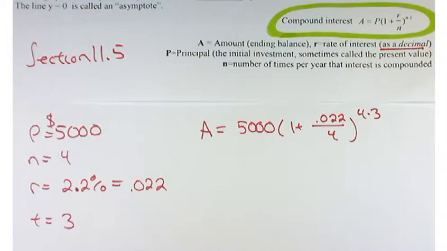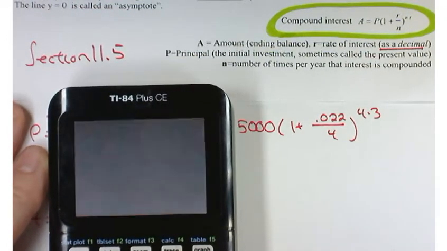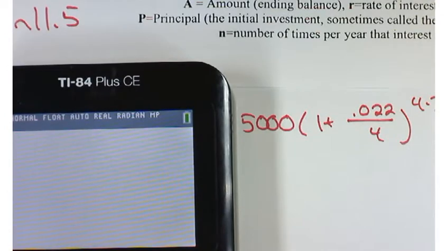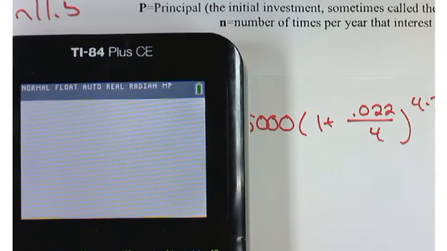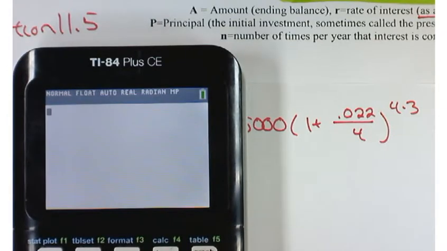Okay. Well, this is certainly not something we want to do in our heads. So take out your calculators. Let's do it that way. So kind of follow along as closely as you can. Type in the 5,000 and then a left parenthesis.